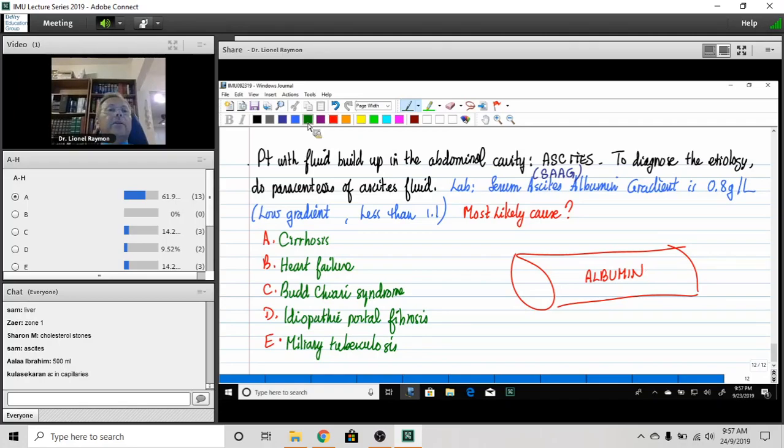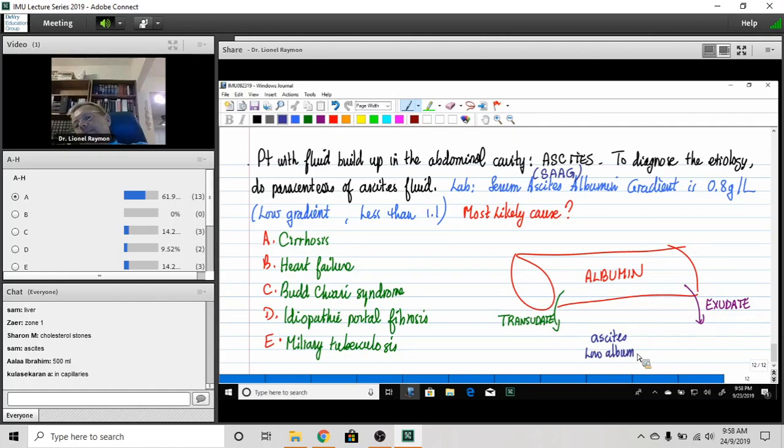And you know that for fluid to leave a capillary, it could leave as a transudate, or it could leave as an exudate. It's all going to depend on the integrity of the wall of the capillary. Normally, if I now look at my ascites fluid, it should have low albumin.